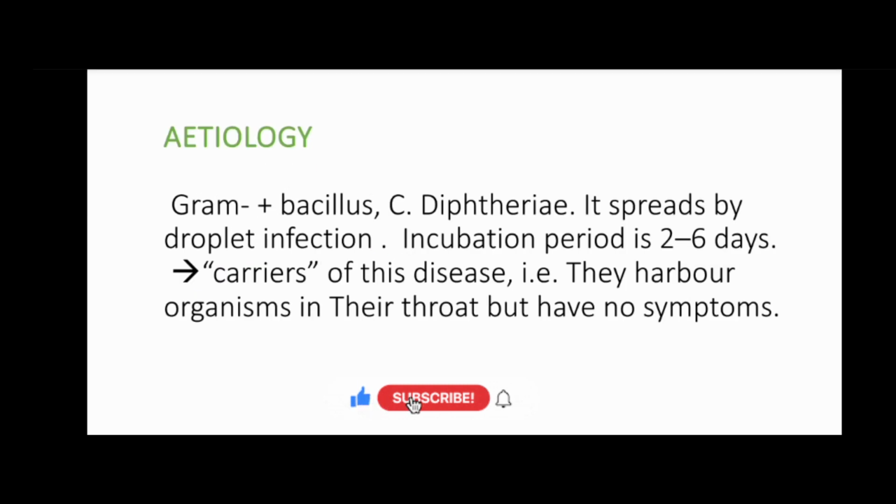First, etiology. Why does facial diphtheria occur? It is due to a gram-positive bacillus, Corynebacterium diphtheriae. It spreads by droplet infection. The incubation period is 2 to 6 days.